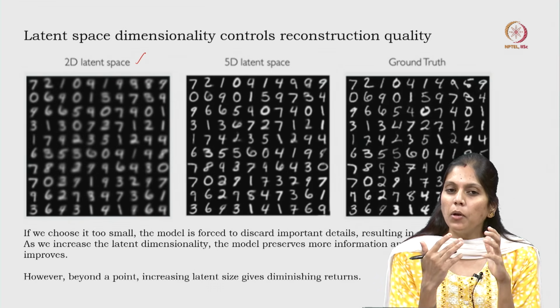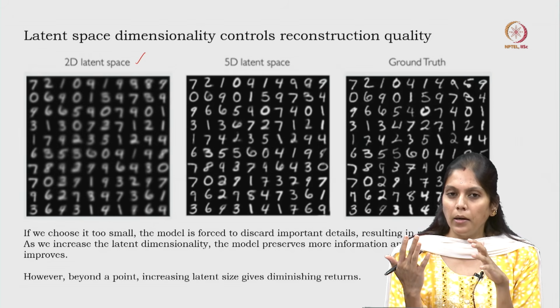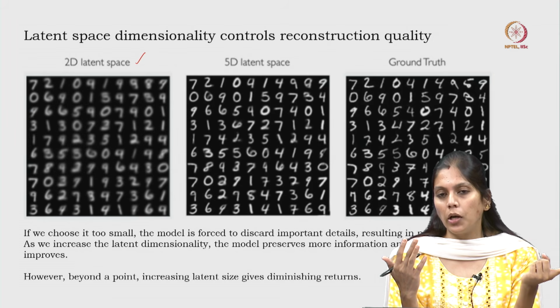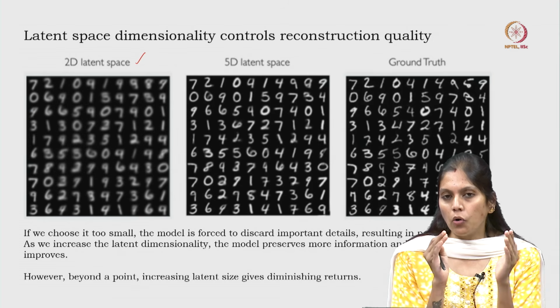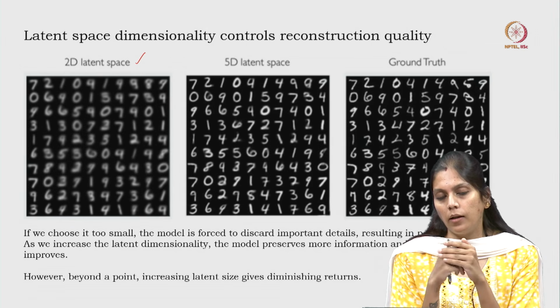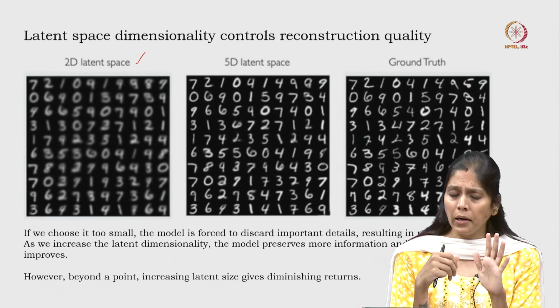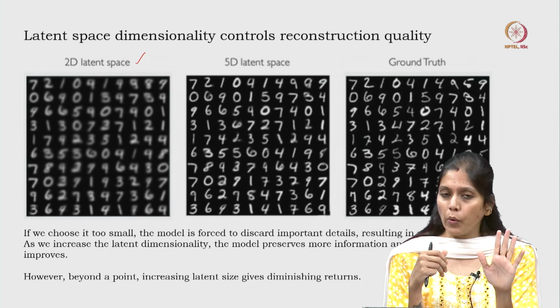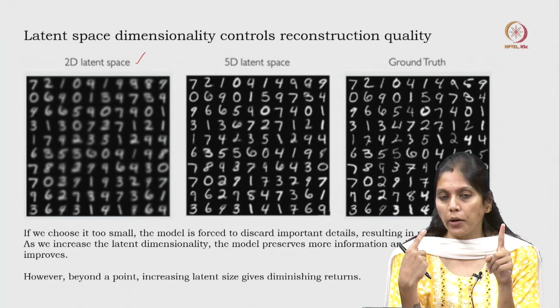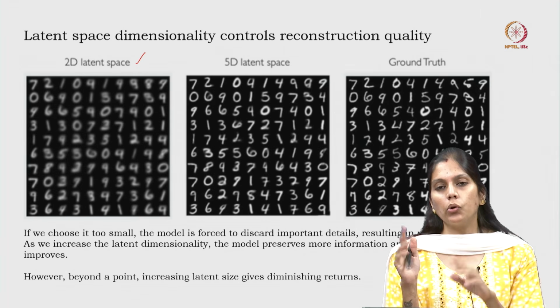But at the same time, if you increase the latent space, but not as much as the size of the original input, if the dimension of the latent space is increased by a little larger number, definitely the compressed information is very good. With this, the reconstructed image quality is also very good.